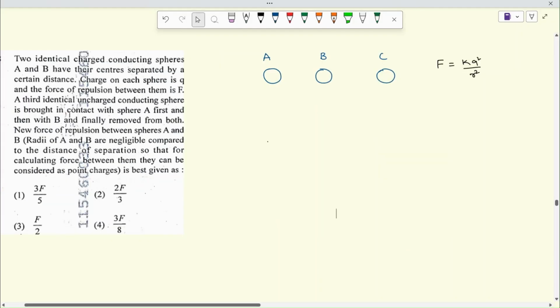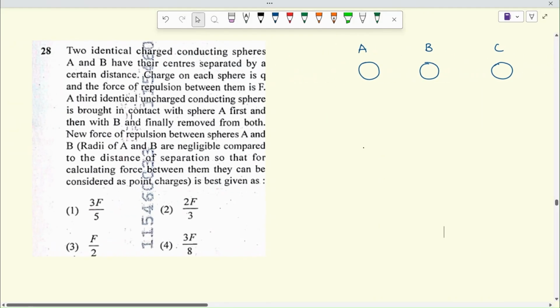Look at this one. Two identical charged conducting spheres A and B have their centers separated by a certain distance, let us say r. The charge on each sphere is q. A third identical uncharged conducting sphere is brought in contact with sphere A and then with B and finally removed. Now, what is the new force of repulsion between A and B? Let us see.